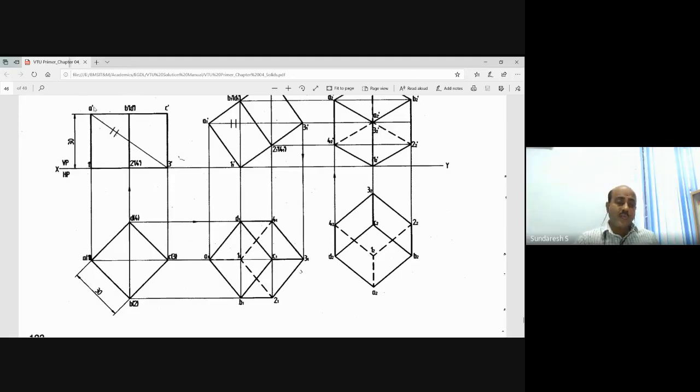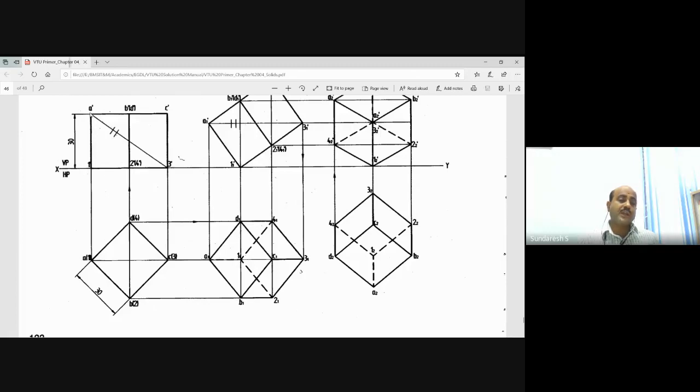So you can see in the front view, there are two faces. These are two square faces which are visible in the front view, but they look like rectangles because the two faces are inclined to the direction in which the observer is seeing the object. So therefore you can see the two rectangular faces.